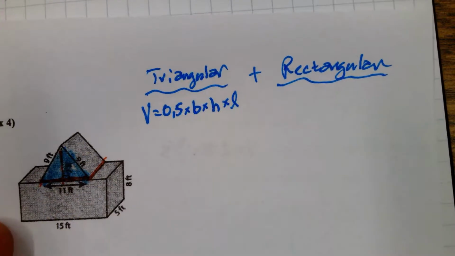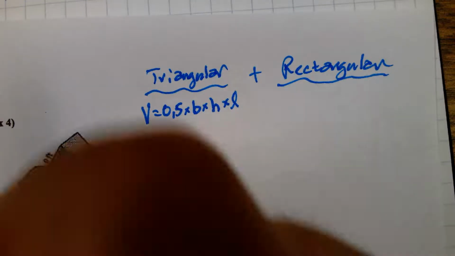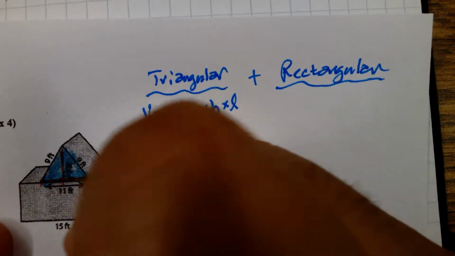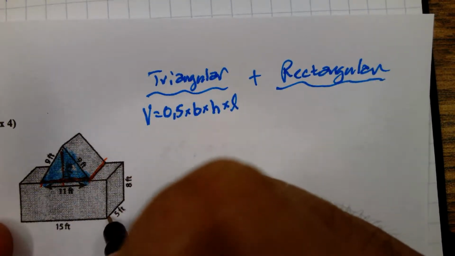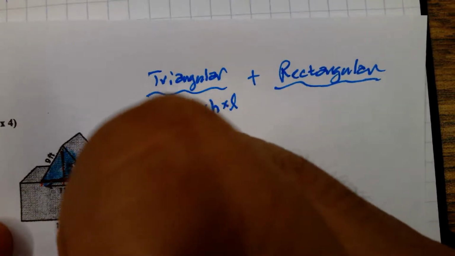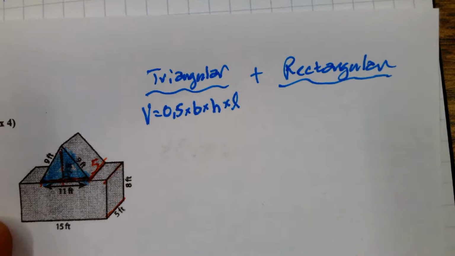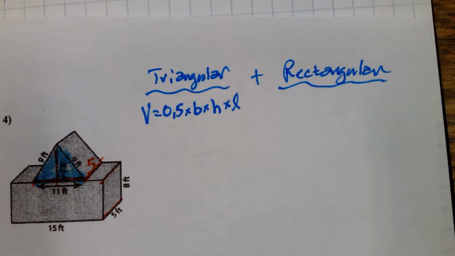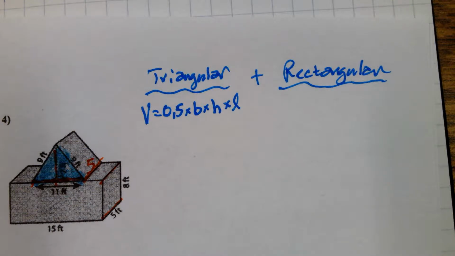The length there. How long is that? It's 5. You can transfer it. This is 5. That's going to be necessary sometimes on these. So that's going to be 5 feet there. So the numbers we need are 11, 7, and 5.